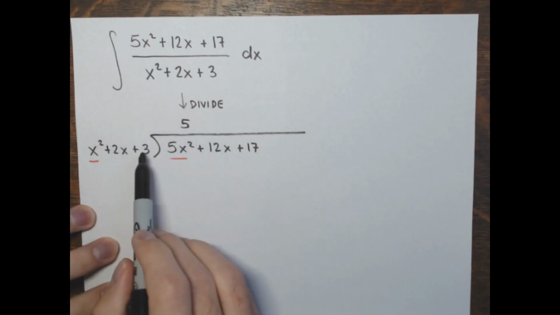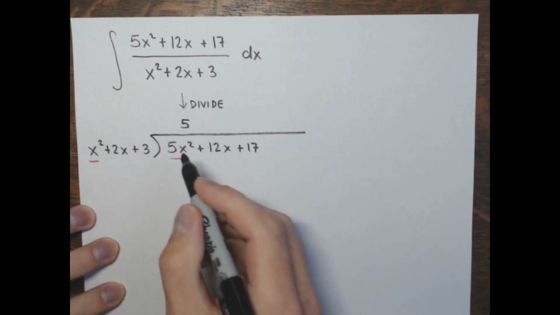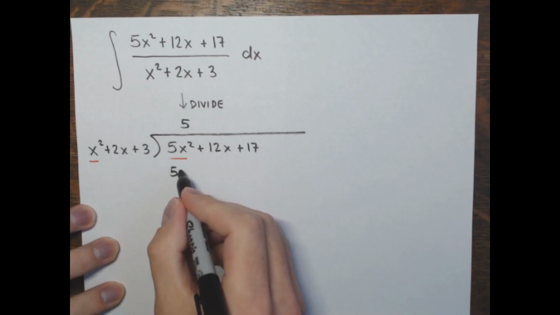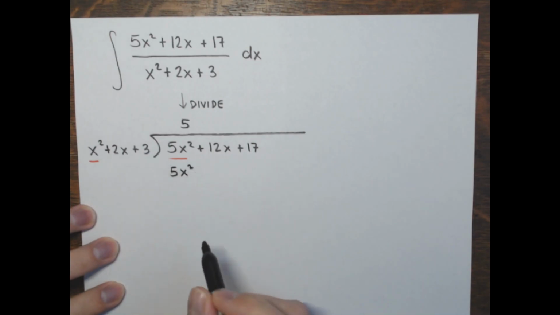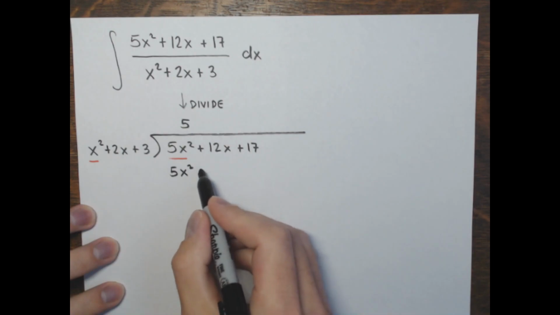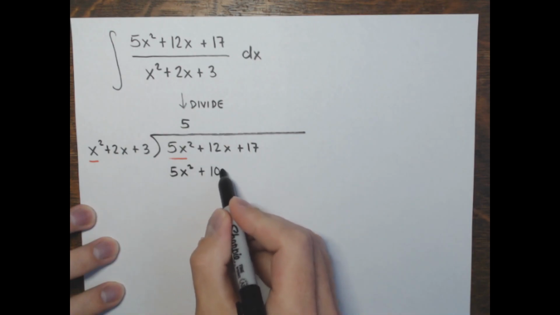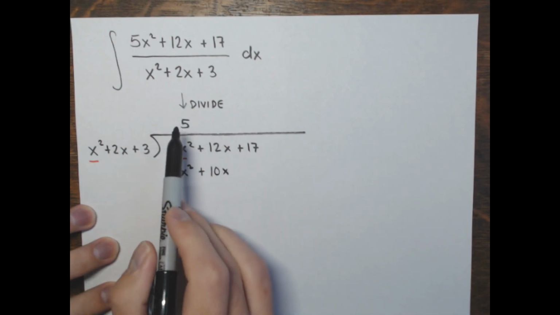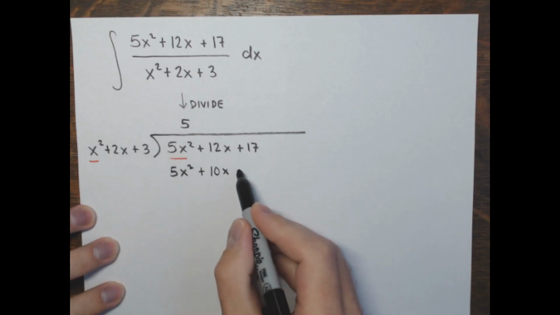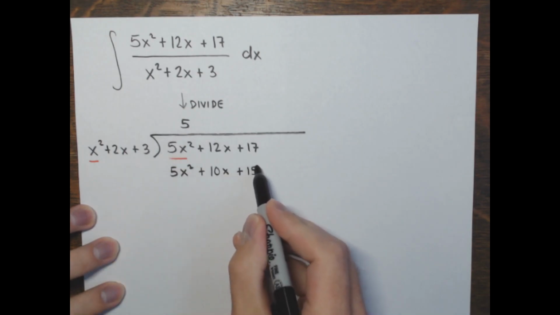Then multiply by the divisor. 5 times x squared is 5x squared, 5 times 2x is positive 10x, 5 times 3 is 15.